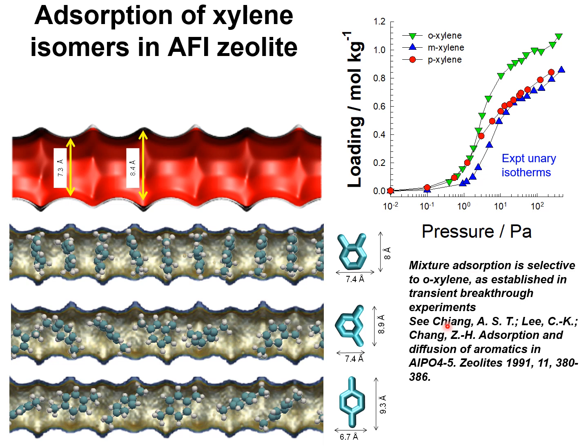Indeed, configurational bias Monte Carlo simulations of adsorption of mixtures of ortho, meta, paraxylene, and ethylbenzene show that the mixture adsorption is selective to orthoxylene. This is because of efficient packing of orthoxylene in a face-to-face manner.